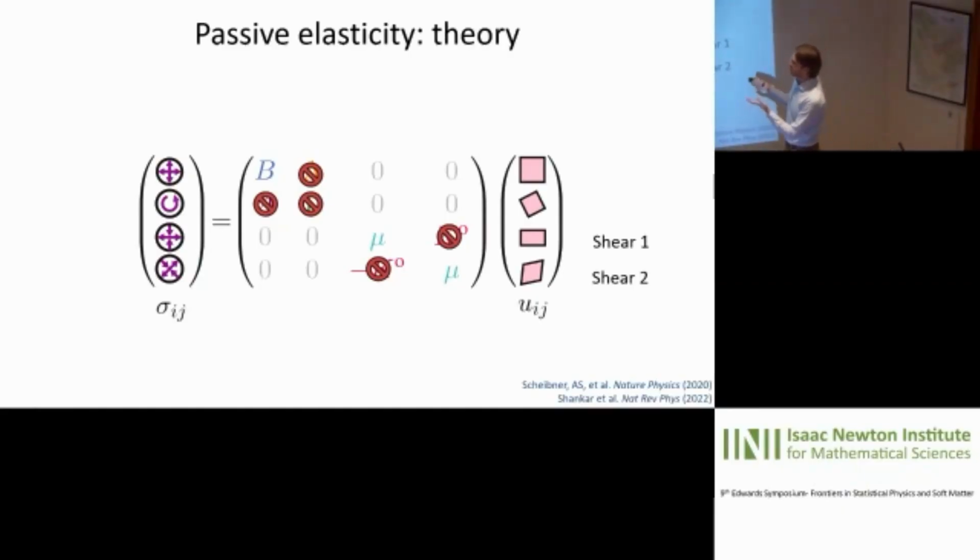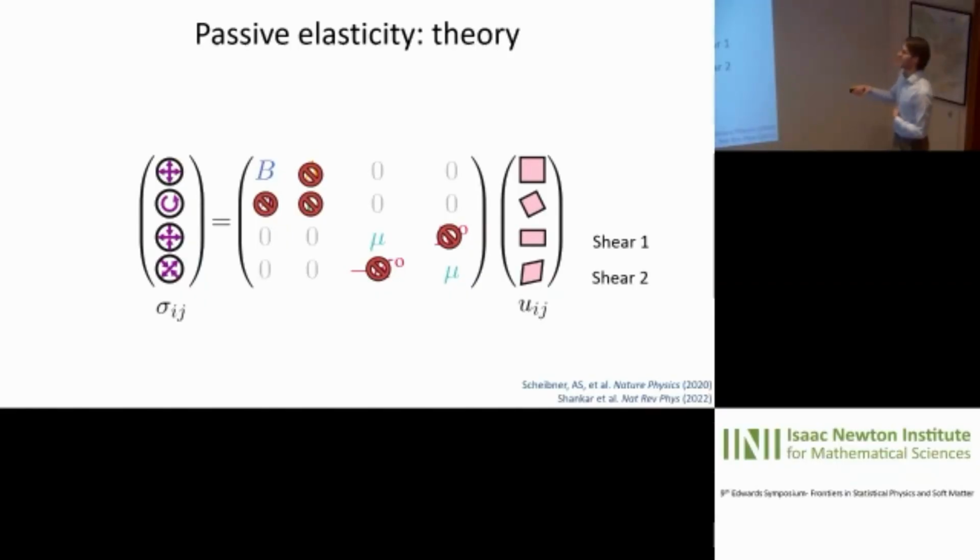And if you have a two-dimensional isotropic material, if you have energy conservation, if you require it to be reciprocal, right, made out of normal springs, then you're sort of guaranteed to restrict yourself to just two elastic moduli in that elastic tensor that I've already mentioned, right?